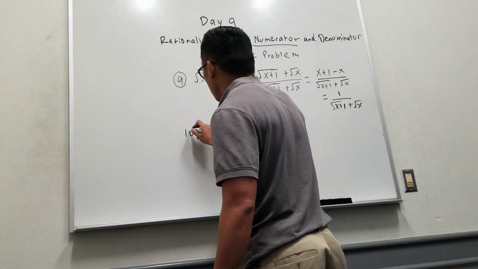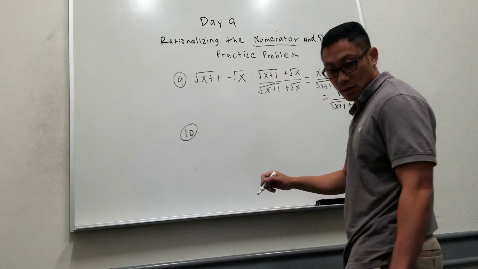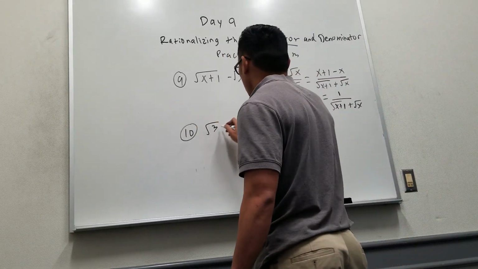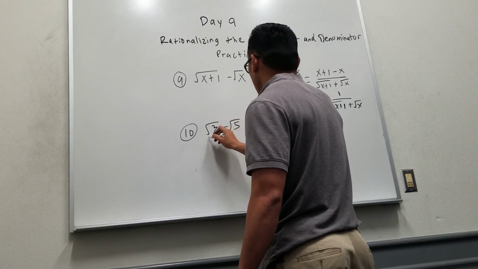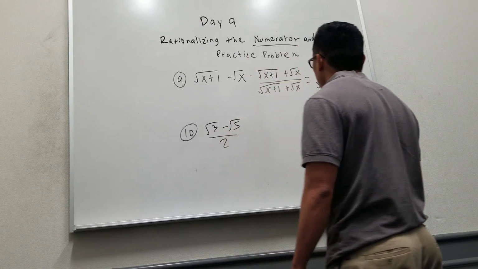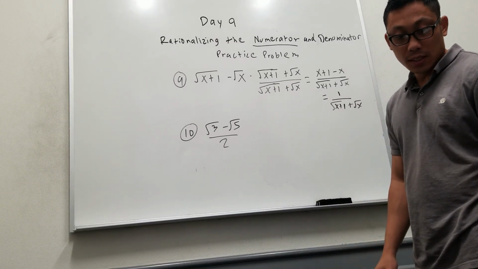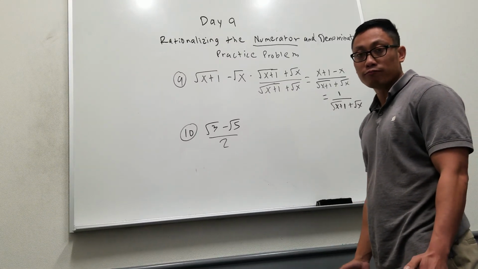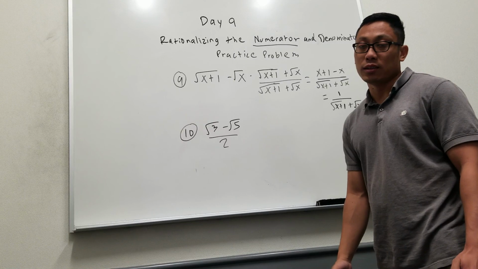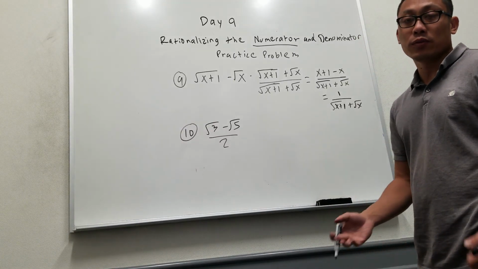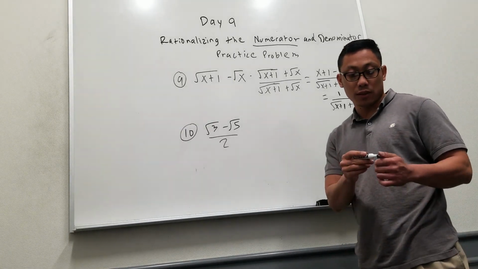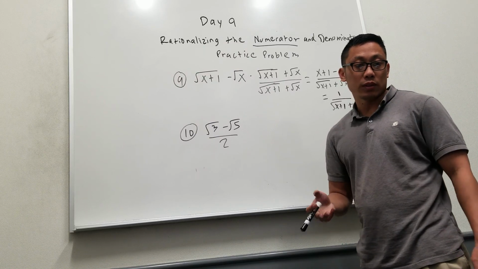Let's do 10. Okay. Square root of 3 minus square root of 5, over 2. Try that out. Last one. Let's go. Yeah, today we're going to finish early. Again, I know, right? Sometimes we finish late, sometimes we finish early, depending on what problems I want to give you guys.